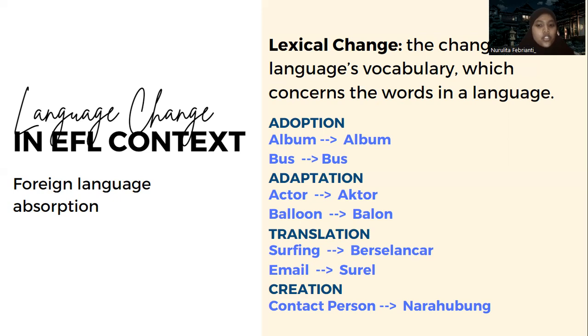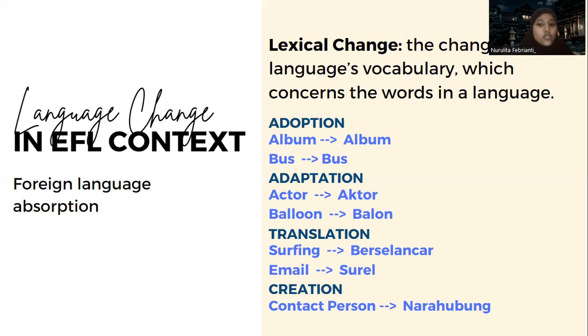And then translation. Translation is taking a word from one language and making a meaning of it in our first language. For example, surfing is berselancar in Indonesia, so both how you say it and how you write it are different. And the last one is creation. For example, contact person is narahubung in Indonesia.